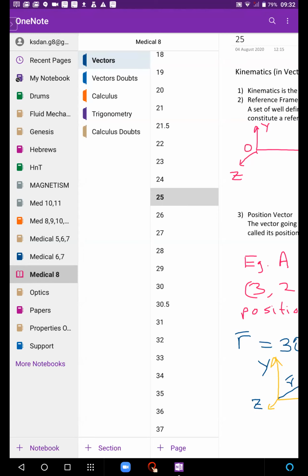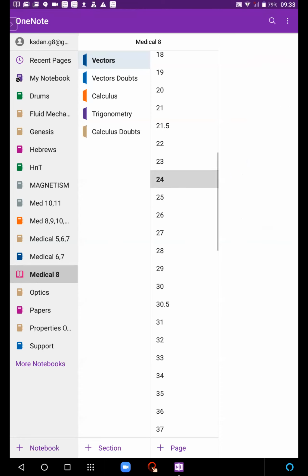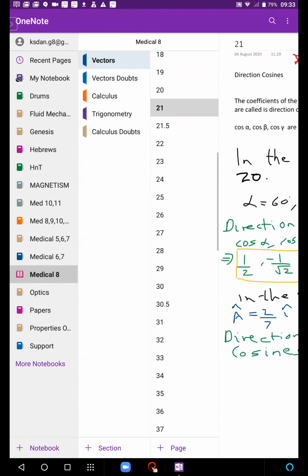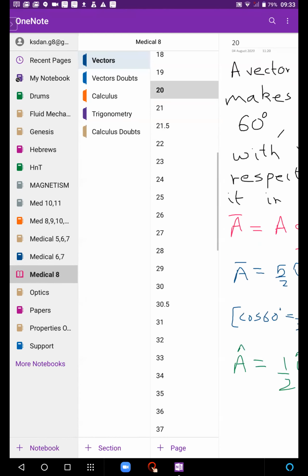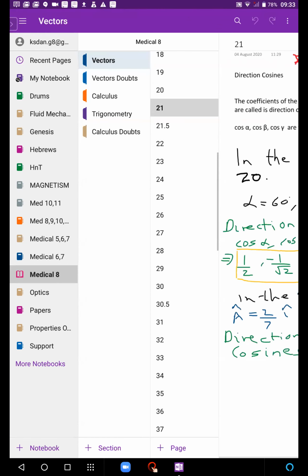You're welcome. Can I show previous slides? Which one? This one? 21, 20. The one with the formula.